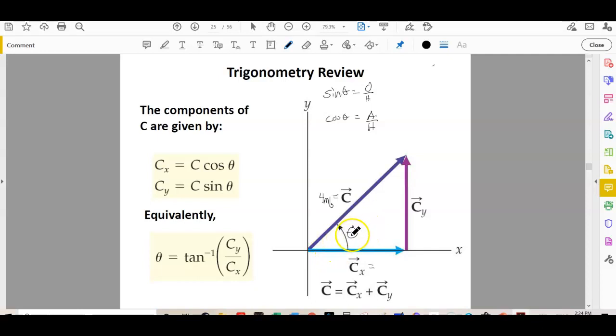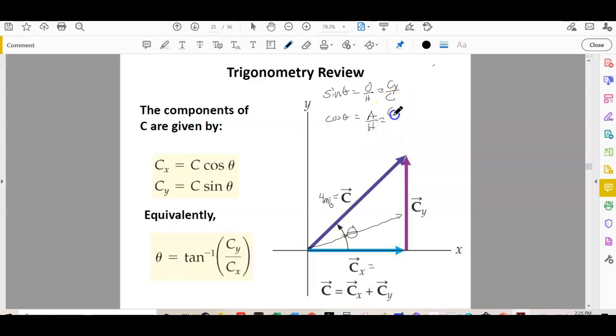Well, the opposite side is found by drawing an arrow directly out from the angle theta, and it will point to the opposite side. So that means the opposite side is actually going to be CY, and the hypotenuse is C. And if that's the opposite side, well, CX has to be the adjacent side.